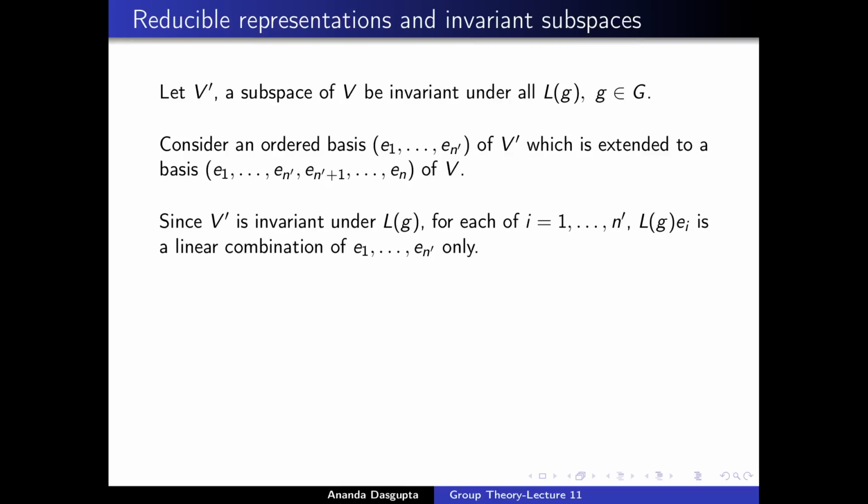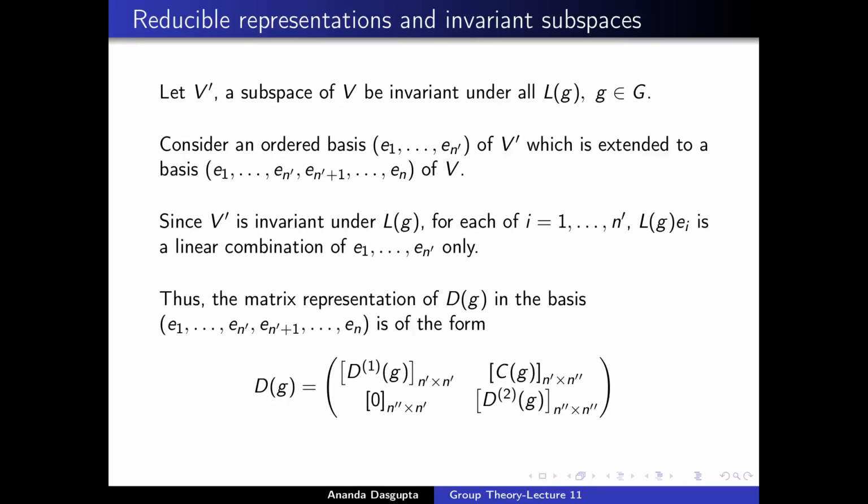An immediate consequence of this is that when we form the matrix elements for D of G, which is the matrix equivalent of L of G in this particular basis, for the first n prime columns, only the first n prime rows will have non-zero numbers. All the numbers below that in those columns will have to be 0.